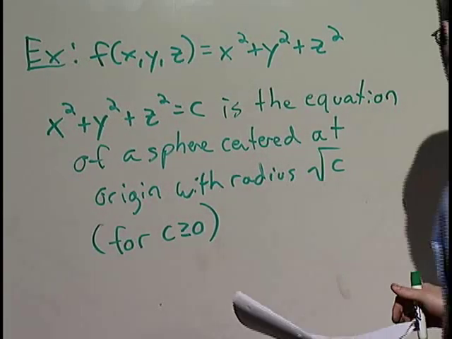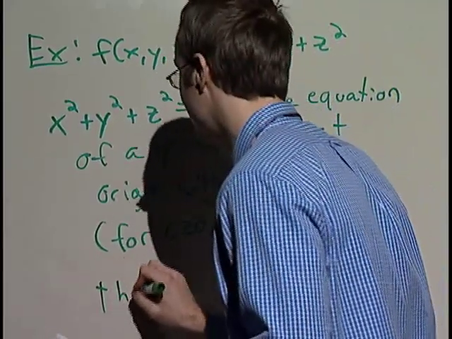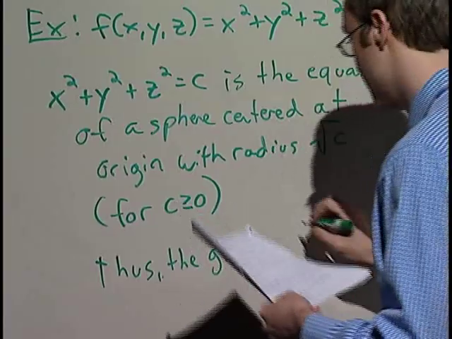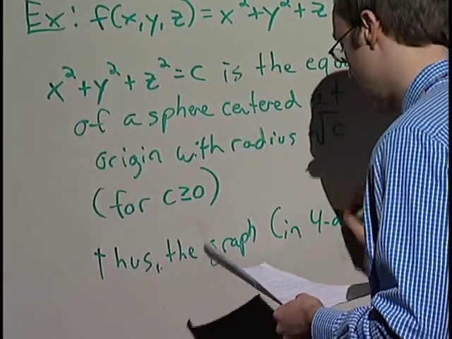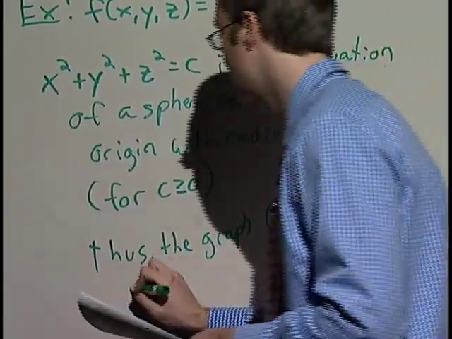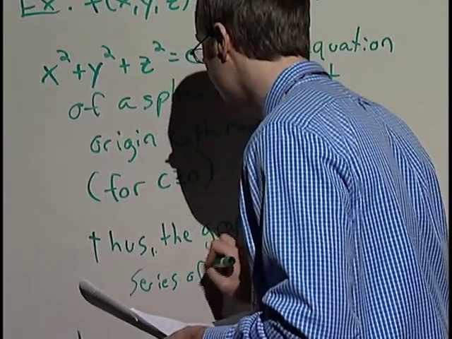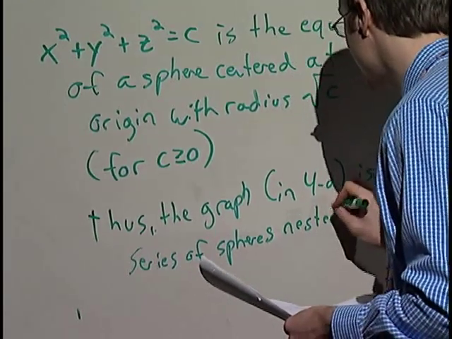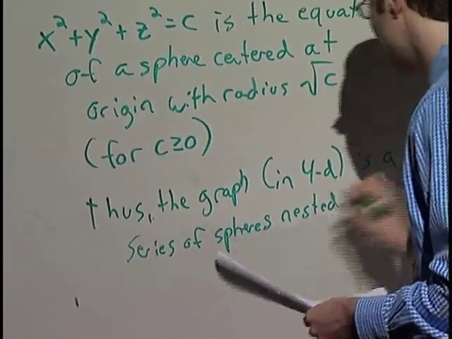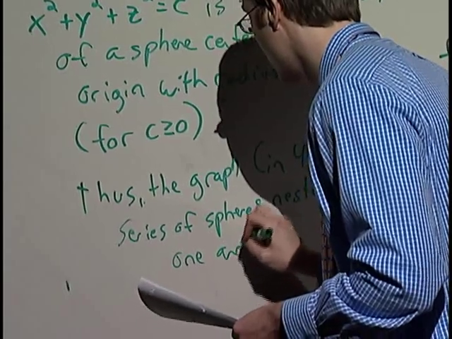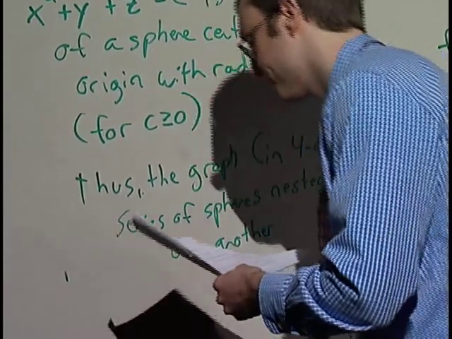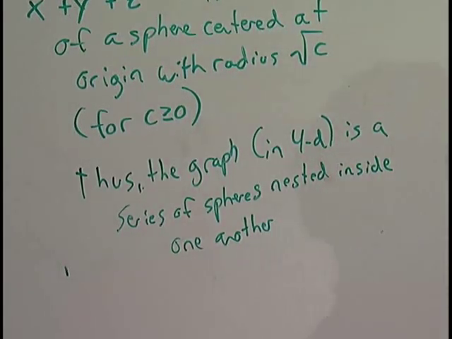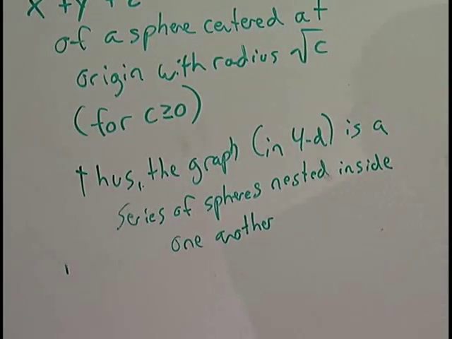Okay? So let's see. So thus, what does the graph in 4D look like? Do I say? Yes, I do. In 4D it is a series of spheres nested inside one another, right?